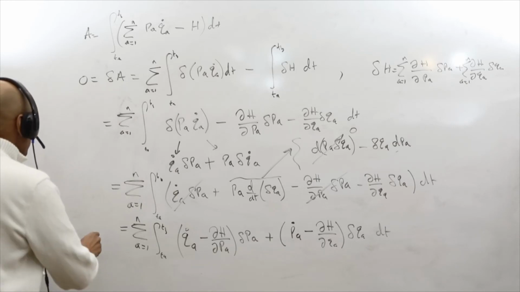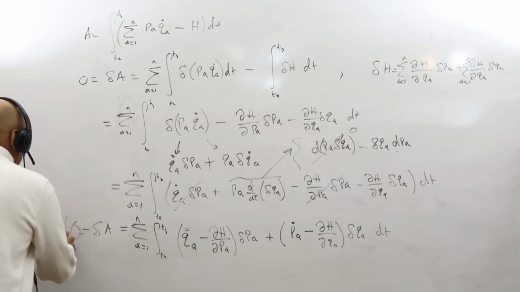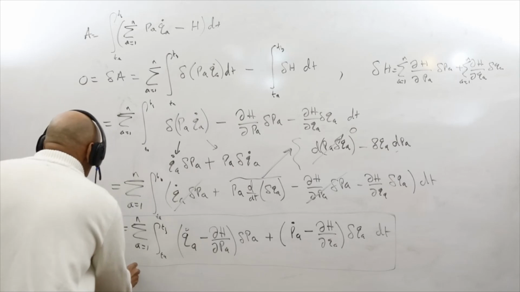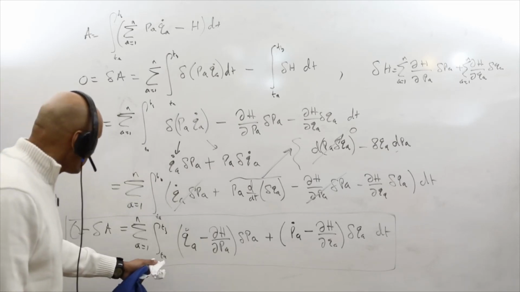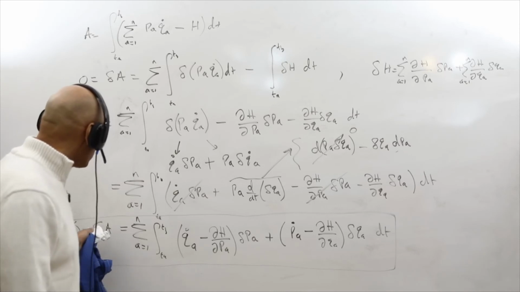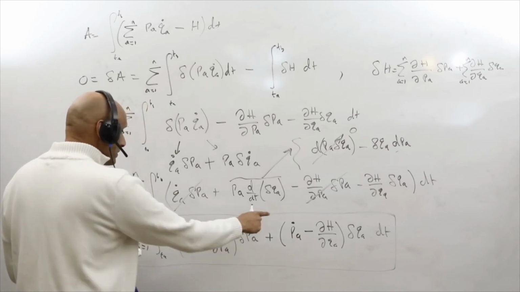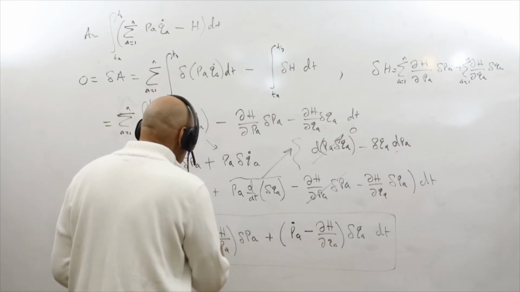So basically, for this variation, this is the variation of A. So if you notice carefully that the variation of A is set equal to 0, which means that the only way for this integral to be 0 is that these two terms are equal to 0.